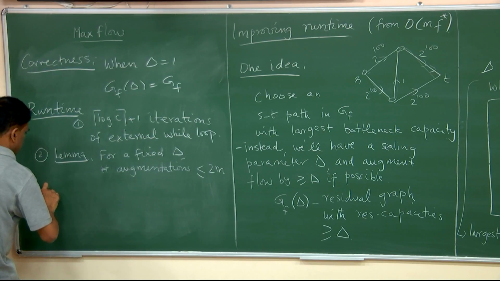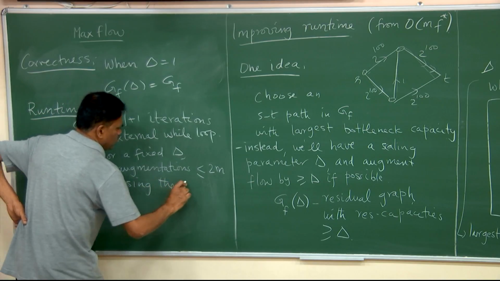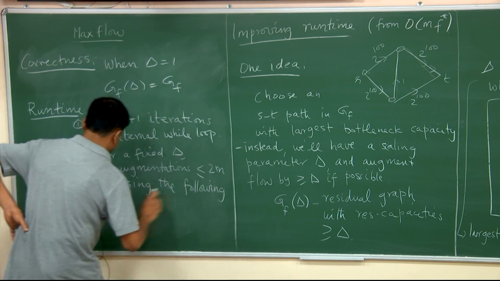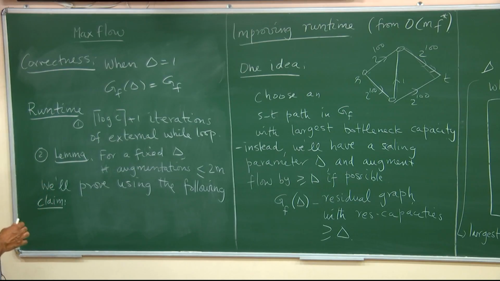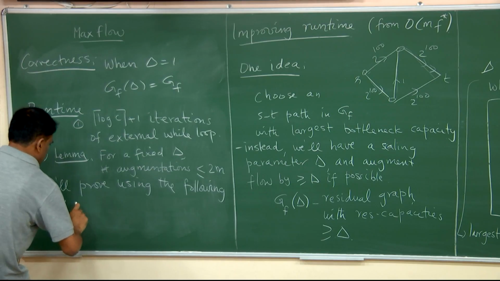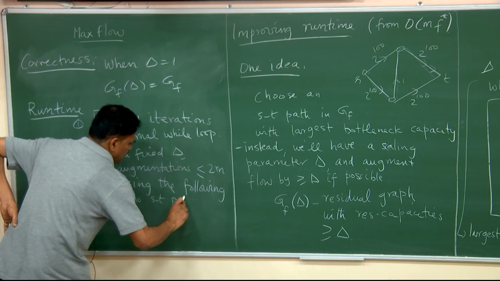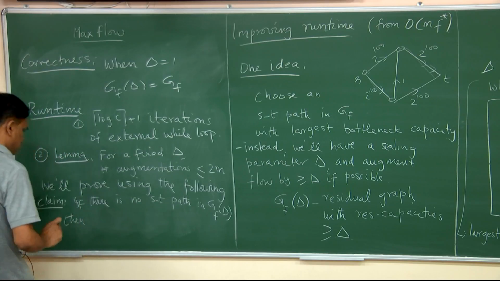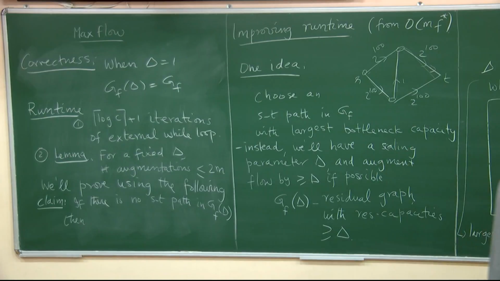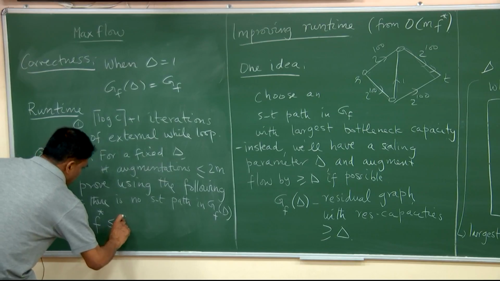So we will prove this by using the following claim. If there is no s-t path in G_f delta, then max flow is at most f plus m delta.